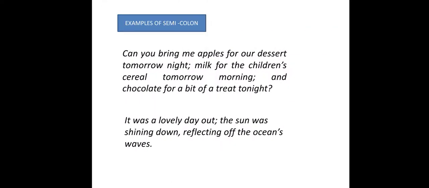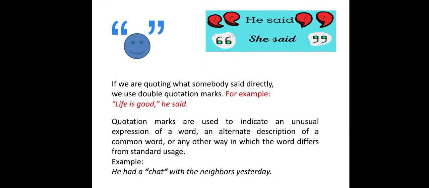See, here we have two examples of the semicolon. Okay, we should not capitalize the words after a semicolon. Meaning after giving a semicolon, it is not needed to use a capital letter, unless it is a proper noun.